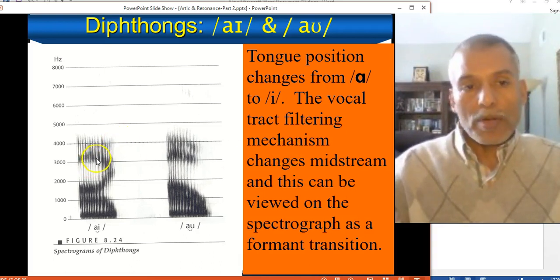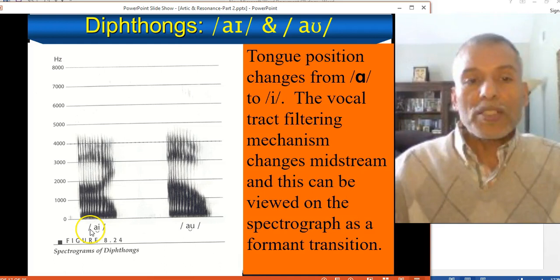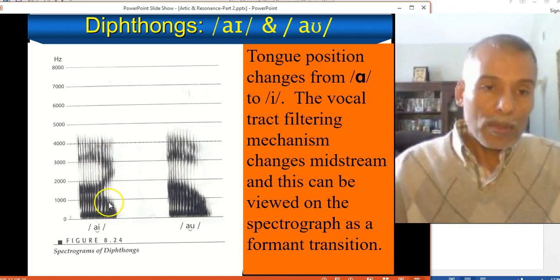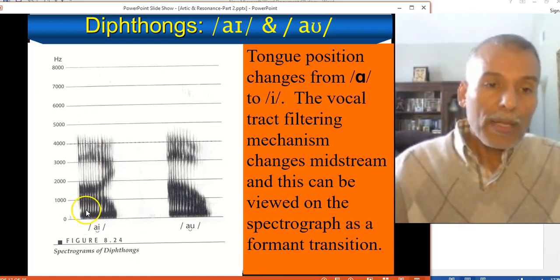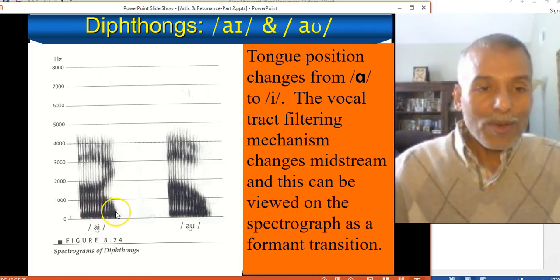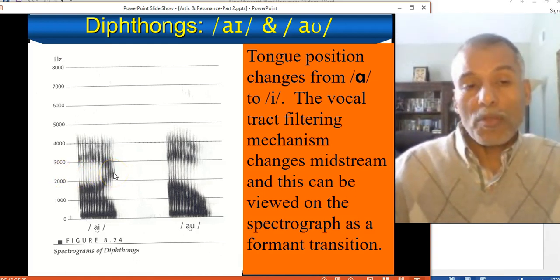And this spectrogram shows you the transition from the on glide to the off glide, and you could see it on display here. When you say the vowel, F1 is about 900, and then as you switch into E, you notice that it becomes lower here. But then for the second formant, you could see that for E, it rises quickly to above 3,000, to 2030 or so.